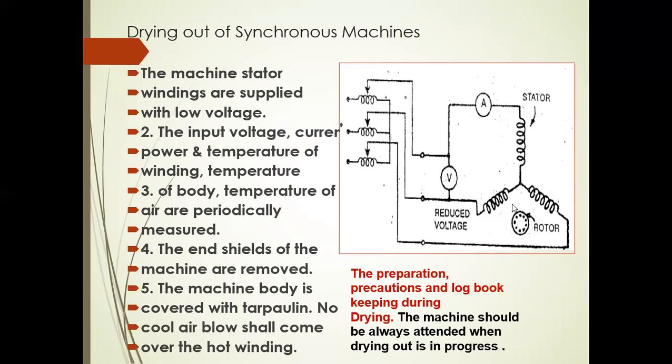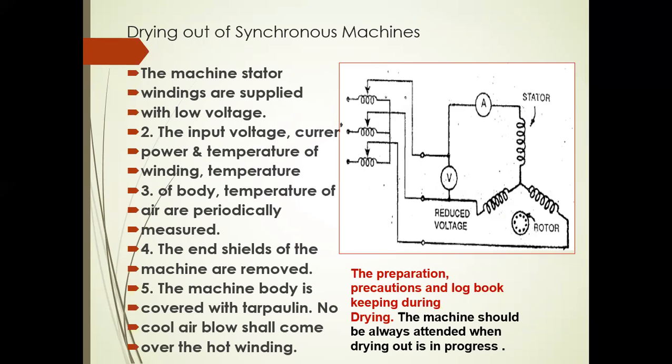So the winding temperature, the temperature of the machine, current, voltage, power, everything is monitored. The end shields of the machine are removed for ventilation purpose, right? The machine body is covered with a tarpaulin so that no cool air blows over the hot winding.